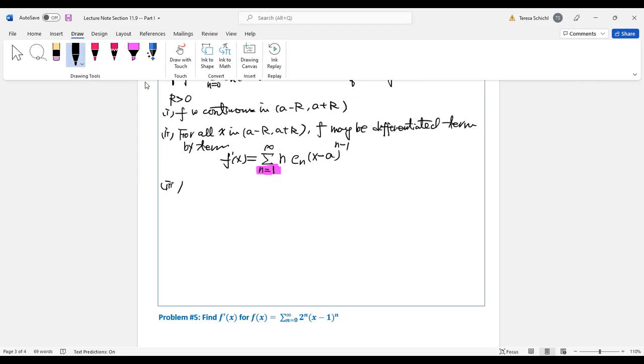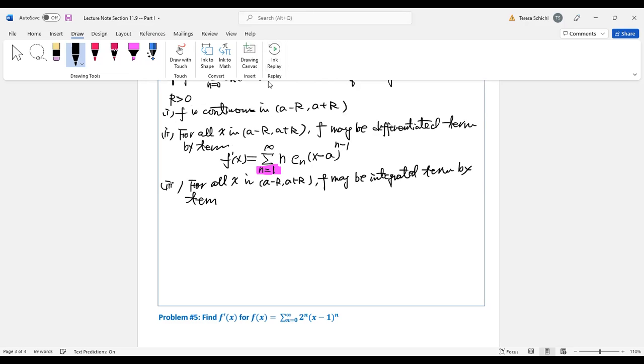Same thing for all x in the interval from a minus R to a plus R: f may be integrated term by term.